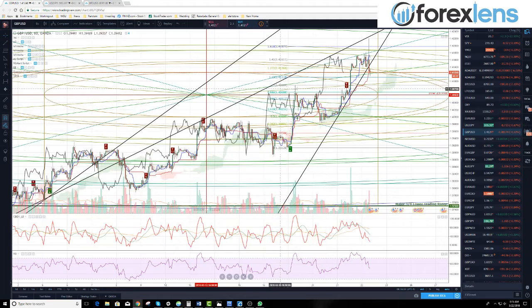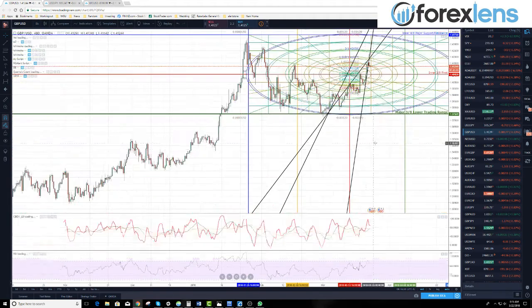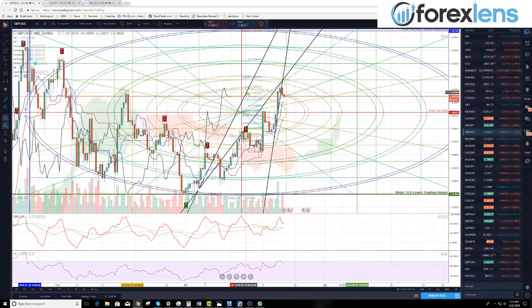Let me bring it out to the 8-hour. It's sitting on this new square's 45, but because it's so accelerated, it's going to have difficulty finding support there. It's probably going to break down as well, and it'll fall lower. So look for generally a strong pullback, corrective move in a lot of these markets compared to yesterday.